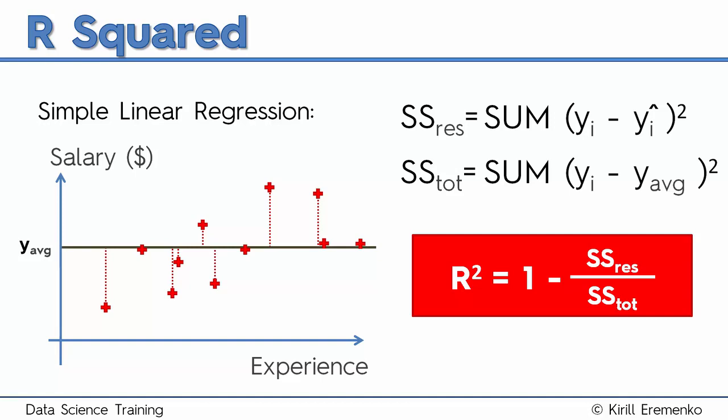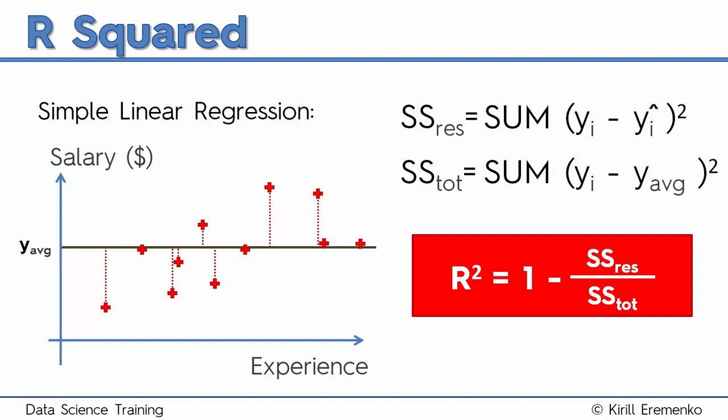So what you're trying to do by fitting a sloped line and minimizing the sum of squares of residuals is you're trying to fit the best line. And what R squared is telling us is how good your line is compared to the average line, which anybody can think of, right? It's not hard to take the average. You take a calculator, you get the average. But in order to fit the best fitting line, you have to actually run a linear regression.